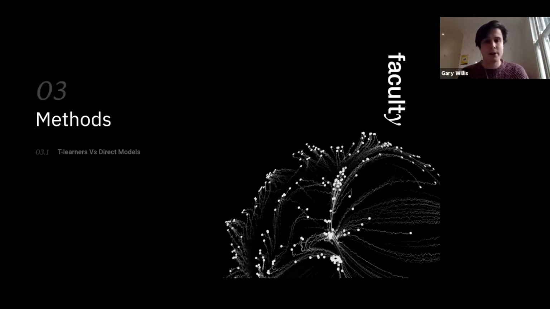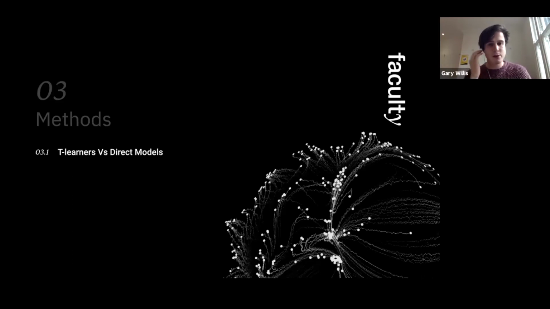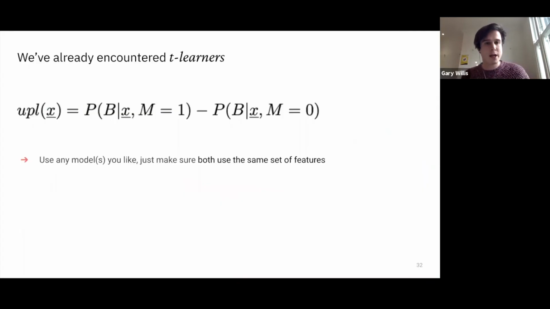So now let's talk about the kind of methods that people use in practice. It's broadly about two classes of models called T-learners and direct models. And we've already met T-learners. The idea behind T-learners, the name comes simply from two learners.